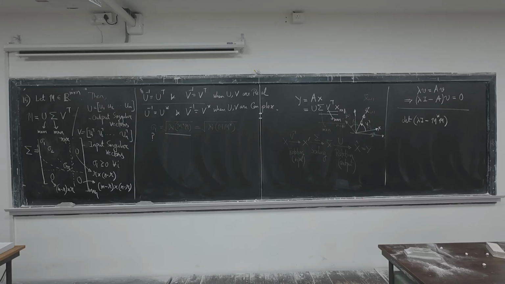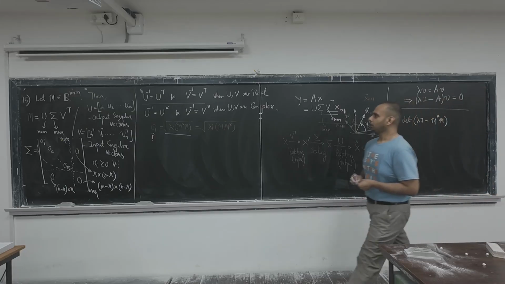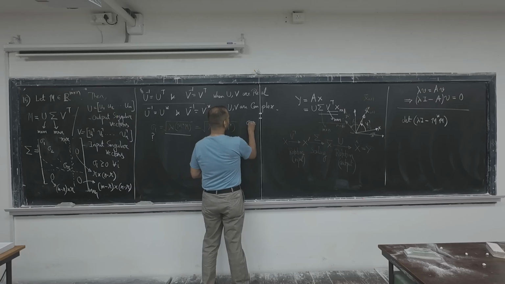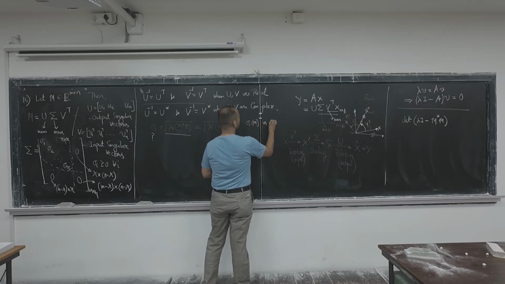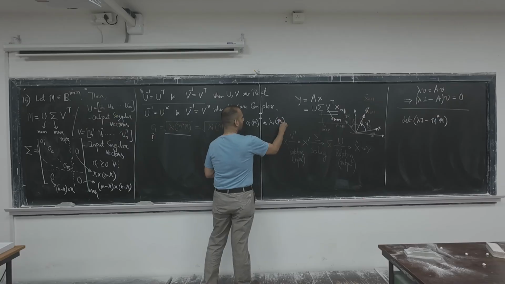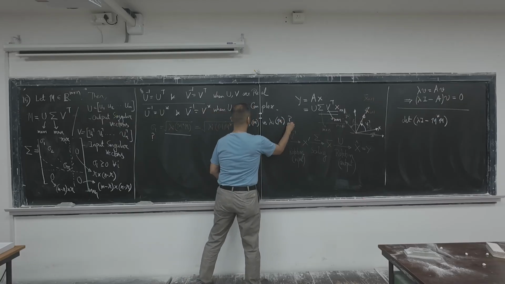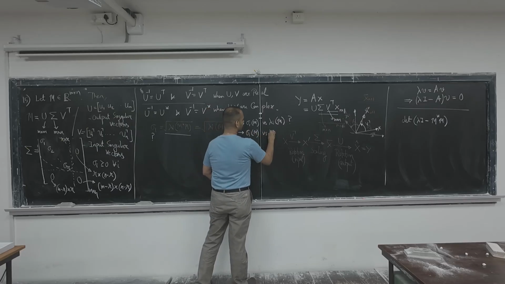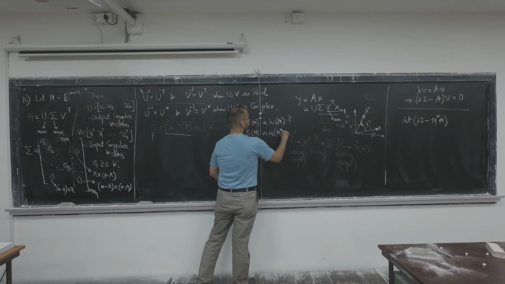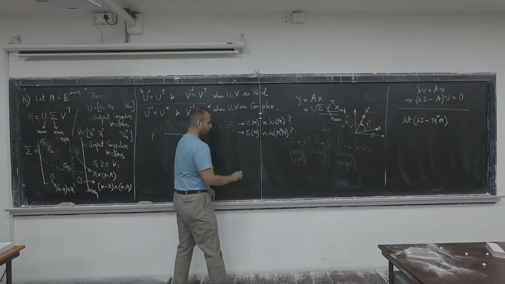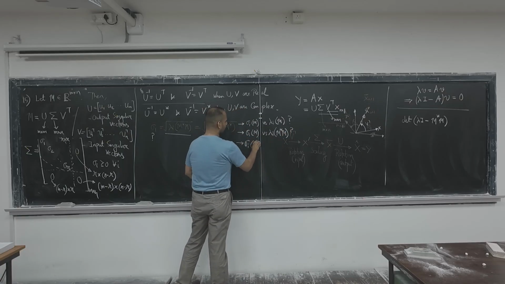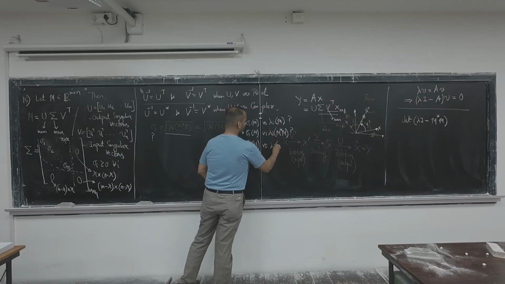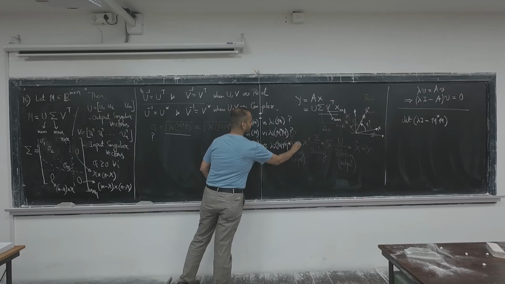Now we don't know whether there is a relation between sigma and the eigenvalues of M. What I wanted to mean is: first, sigma I of M versus lambda I of M. Secondly, sigma I of M versus lambda I of M star M. And the third one is sigma I of M versus lambda I of M M transpose.